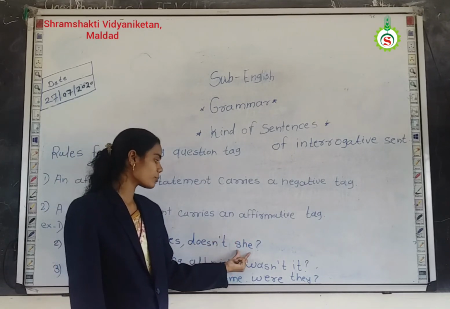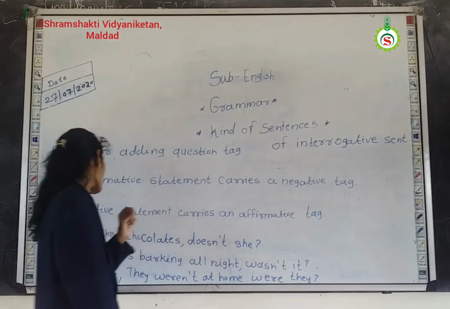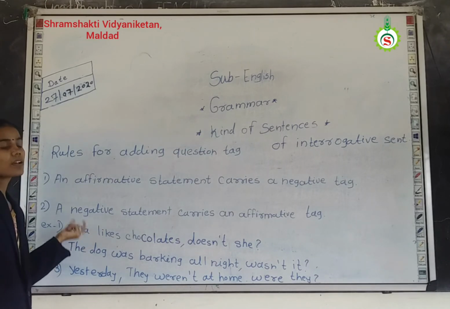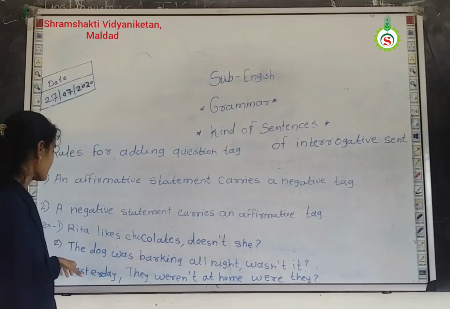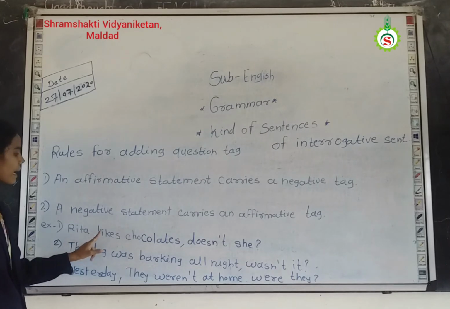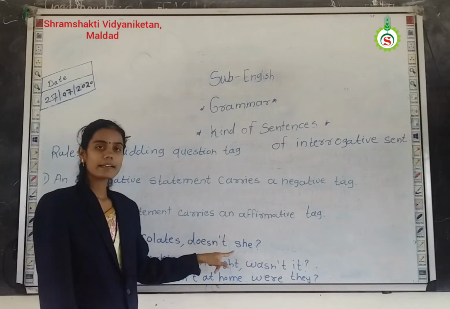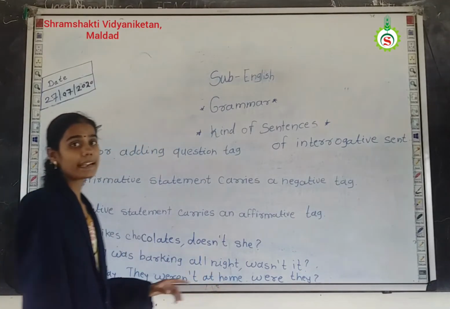Why do we use the pronoun she here? Because Rita is a girl, female, so we use she. So the first rule is applied here: the statement is affirmative, but the tag is negative.